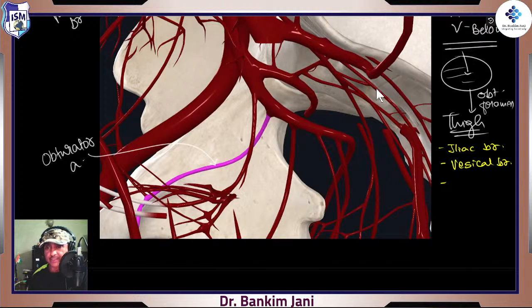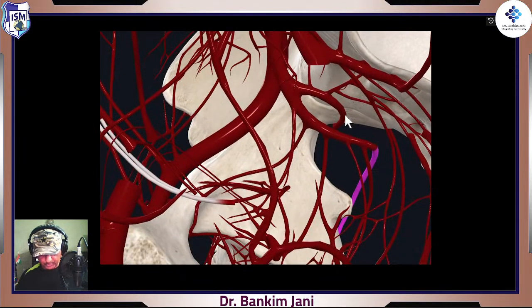And it forms anastomosis with all those pubic branches. So that's what it really does. Let's move on to the next one.